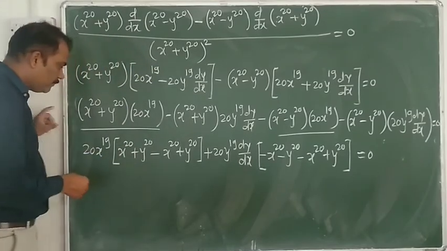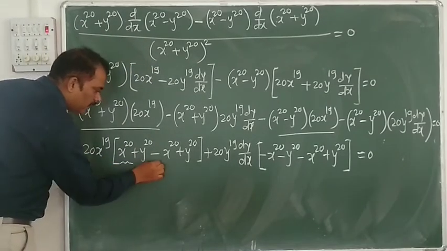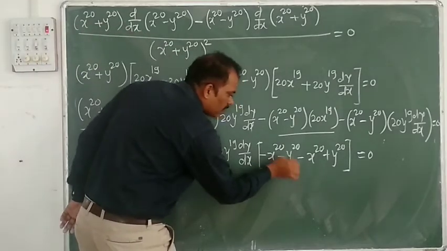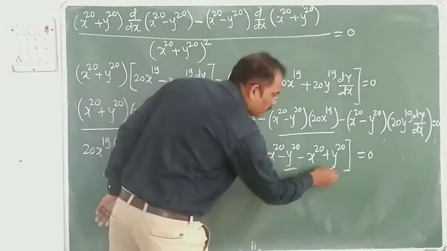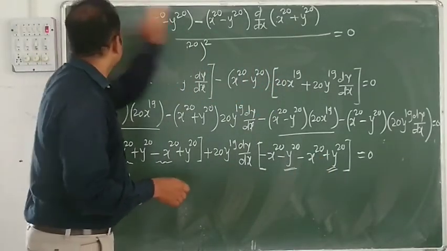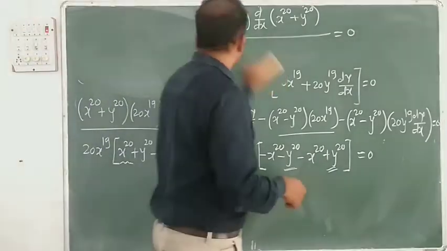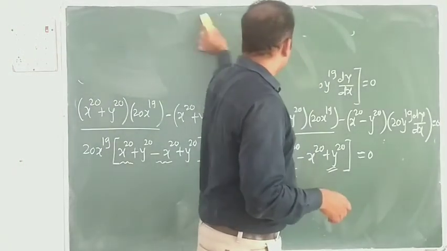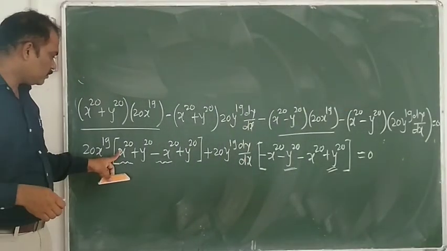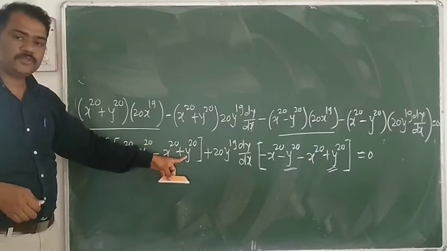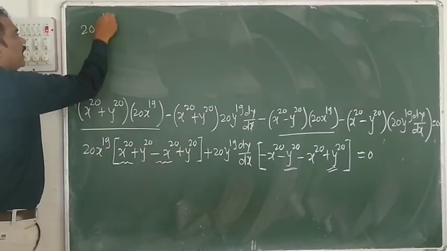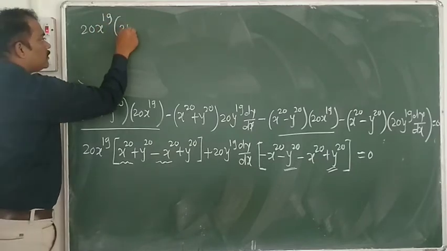So here we see that x raised to 20 minus x raised to 20 get cancelled. Here minus y raised to 20 and plus y raised to 20 get cancelled, so remaining only we can write, here what is remaining, x raised to 20 plus y raised to 20, that is 2 times y raised to 20, so that 20 x raised to 19 into bracket 2 times y raised to 20.